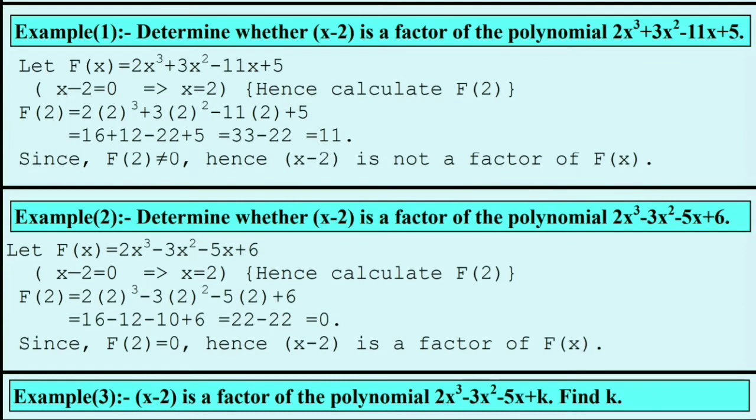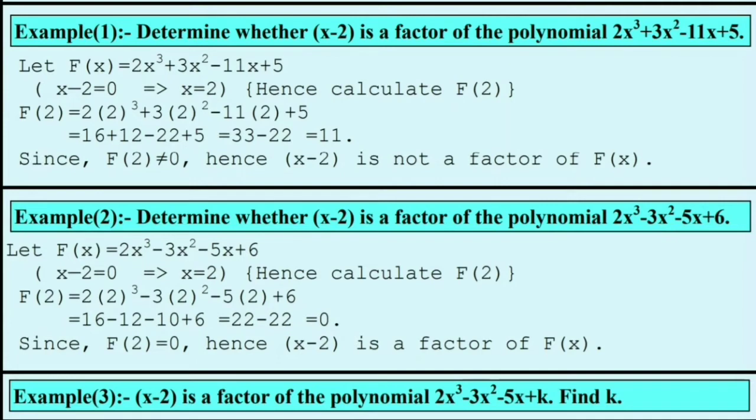Now let's take some examples in which, by making use of the factor theorem, we try to solve the questions. So here the first example is to divide 2x cubed plus 3x squared minus 11x plus 5 by x minus 2 and check if x minus 2 is a factor of the given polynomial.